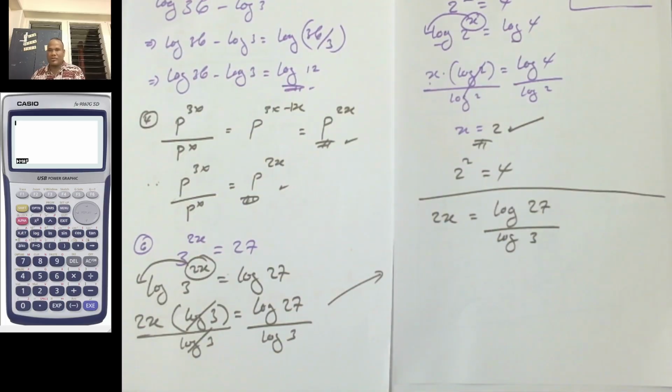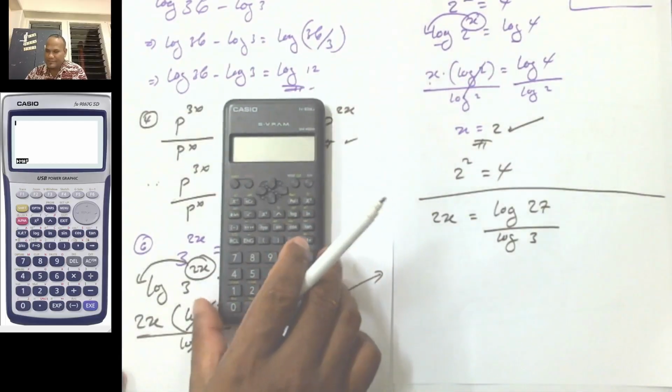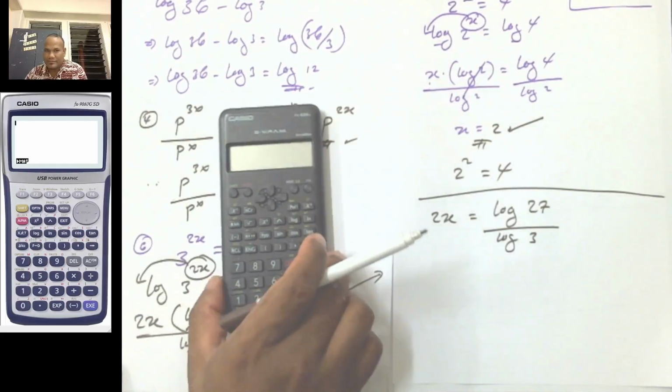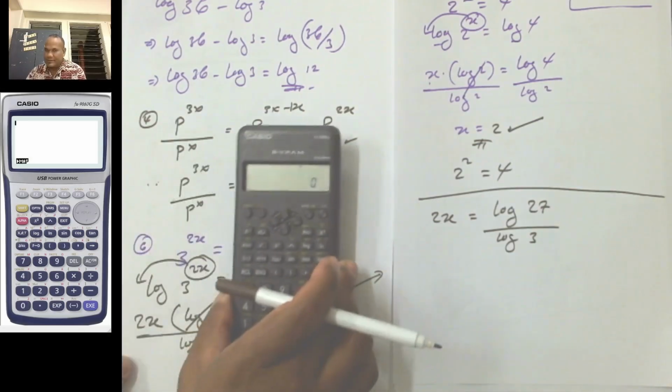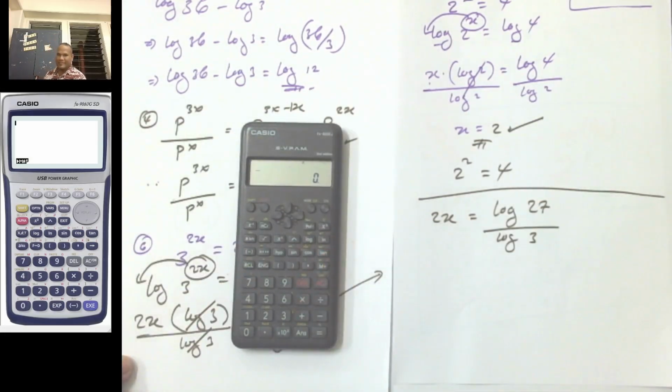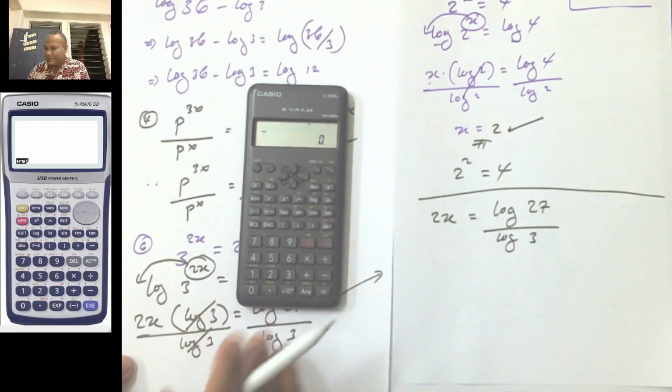But what is log 27 over log 3? Let's press it in our calculator. Sorry, my calculator needs a little bit of injection somehow.